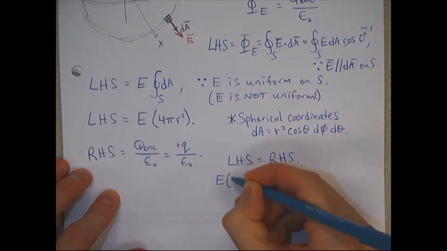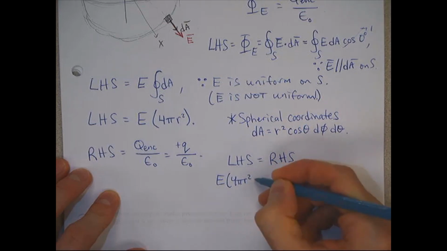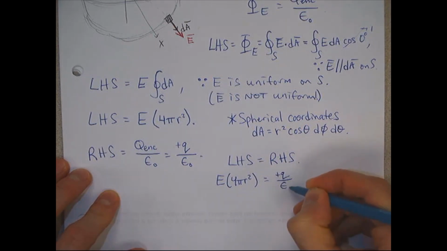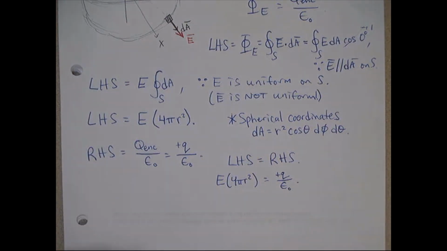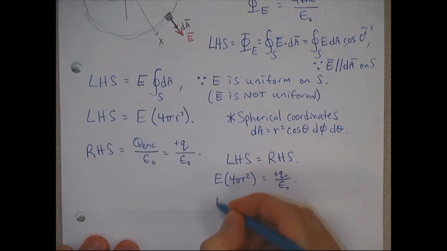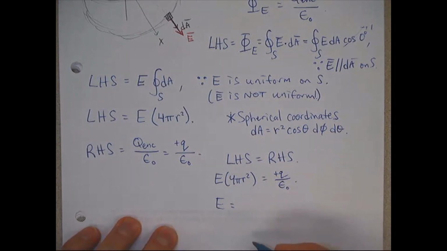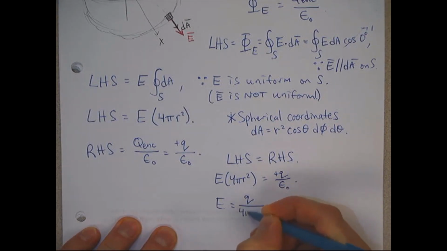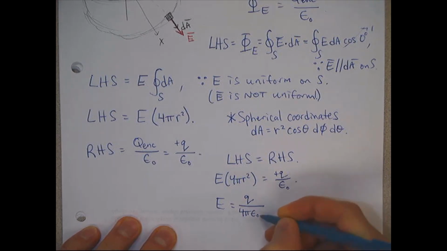On the left we have E 4 pi r squared. On the right we have plus q over epsilon naught. We solve for the magnitude of E: Q over 4 pi epsilon naught r squared.